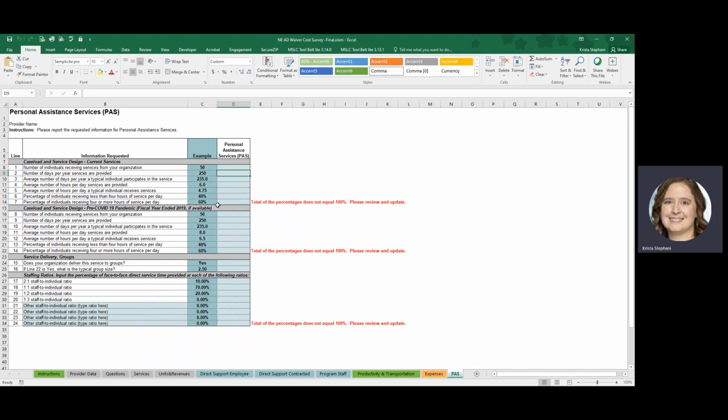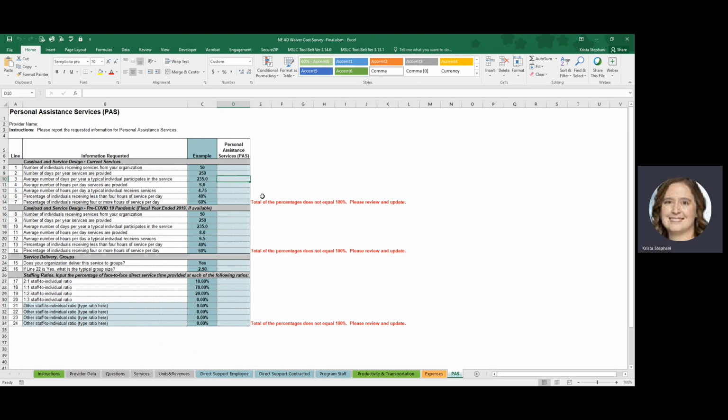So if you are open and provide services 365 days a year, you will populate this line with 365. If you only provide services on weekdays, then you will need to calculate the number of weekdays that fall under your fiscal year 2021 and type that response here.